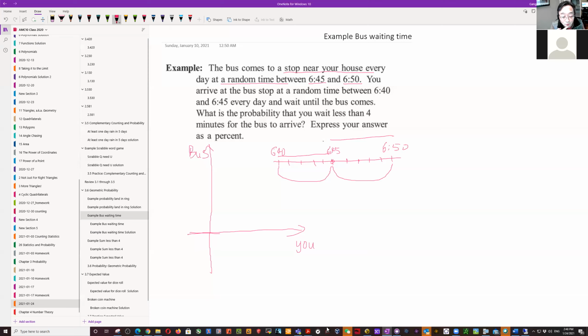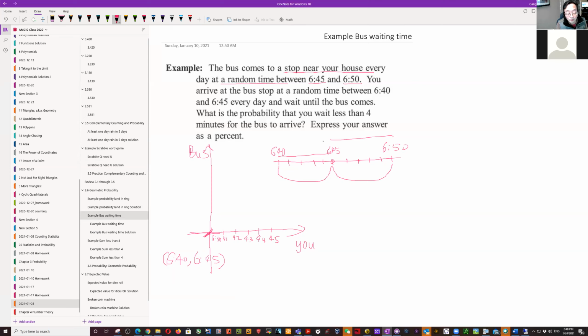So if we label it this way, we can also ingeniously label the time scale in a different way. Here, this is the origin. The origin represents 6:40 for you, and on the vertical side, it represents 6:45 for the bus. So this is 6:40, and then 41, 42, 43, 44, and 45.